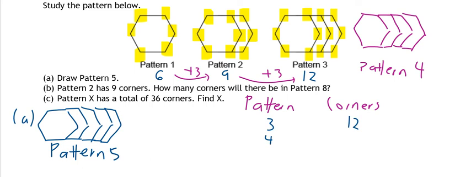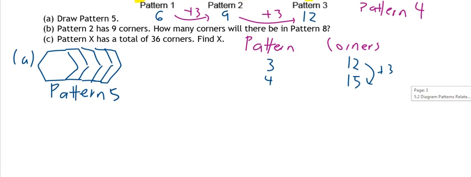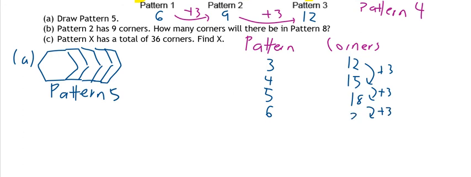In pattern number 4, added by 3, obviously you have 15 corners. Please continue from what you have over here. Number 5, you will have plus another 3. 15 plus 3 is 18. And 6, you will have another 3, which is 21.